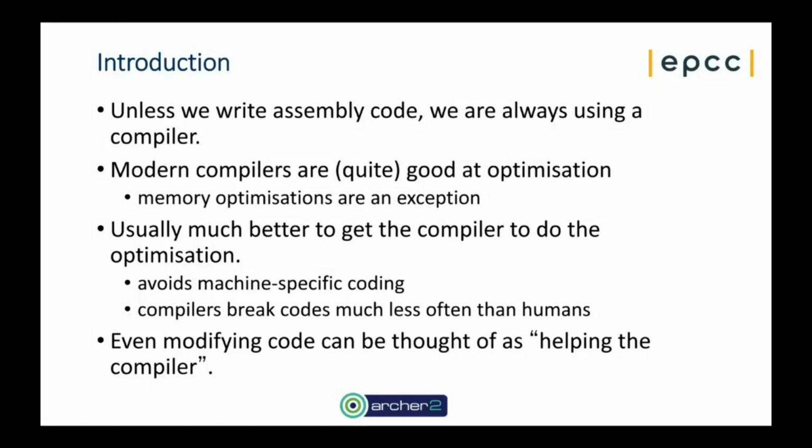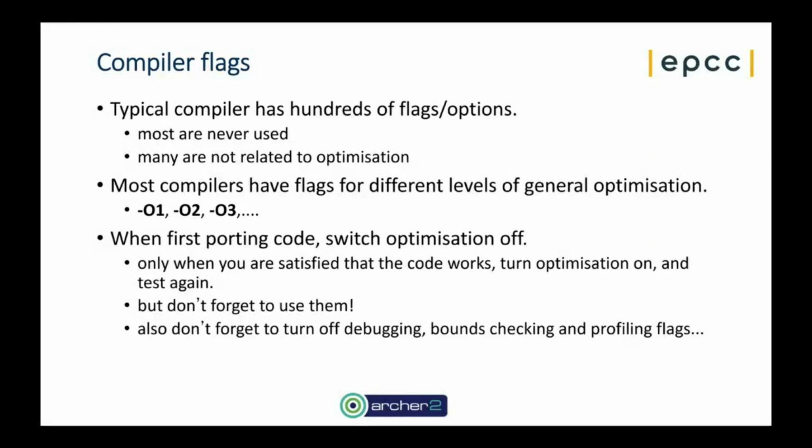Now, compilers are not single monolithic things that do the same thing all the time. They're very configurable, and they're designed to do lots of different tasks. And in fact, when you use a compiler, you can modify what it does.